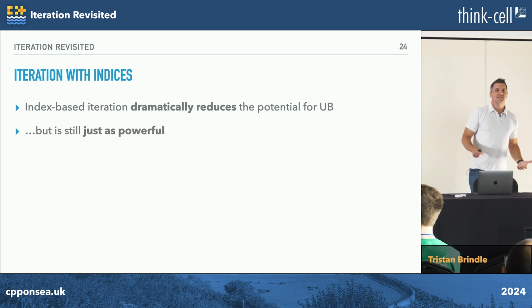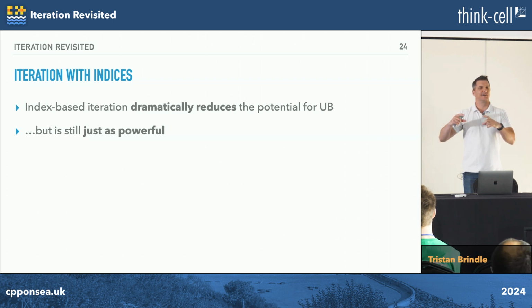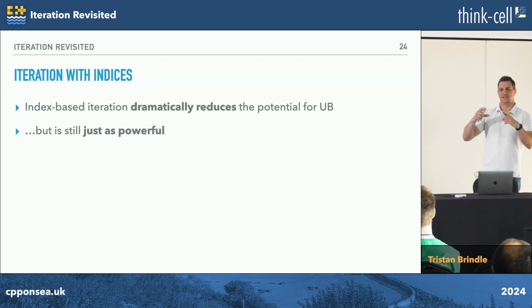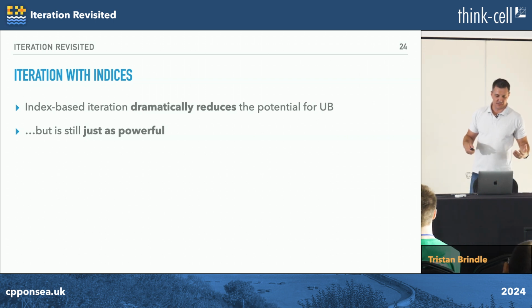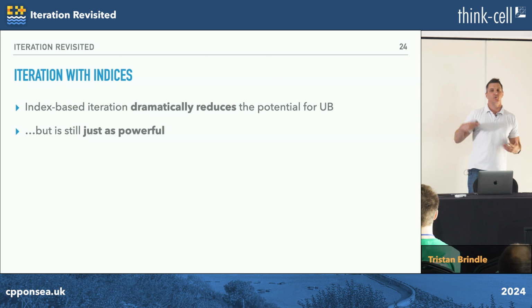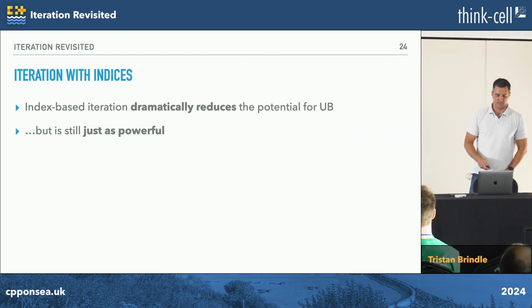But of course, it's still just as powerful, because we can do random access into a vector, or into any random access array type, using indices, right? We do this all the time. You can access anywhere in a vector in constant time. It's still just as powerful. We can write a sort algorithm if we want to that uses indexing. It's just as powerful as using iterators.